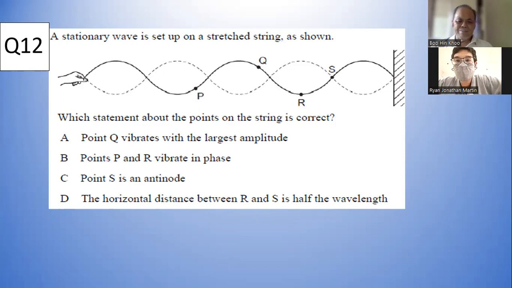What's the answer? Point Q vibrates with the largest amplitude, A. Oh wait, no. Sorry, that's not true.